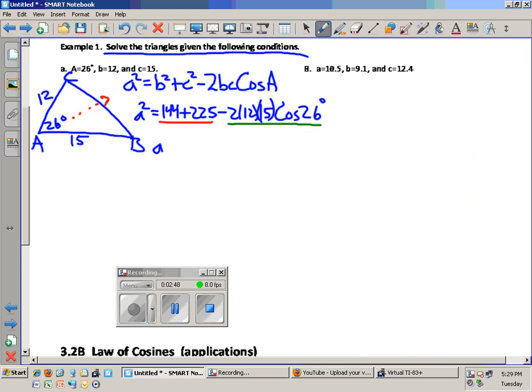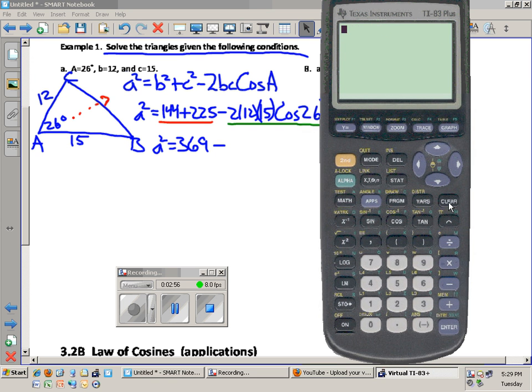So A squared is equal to 369 minus, now I do the other part, 2 times 12 times 15 times the cosine of 26. And I get 323.57.